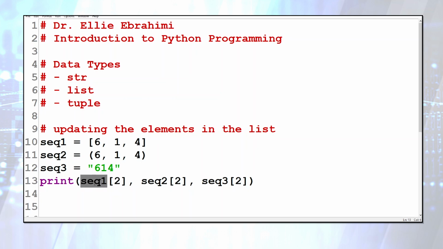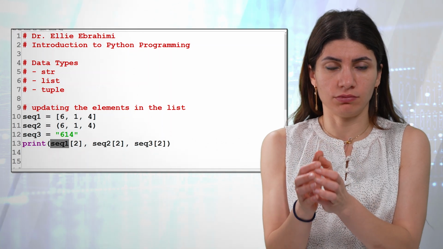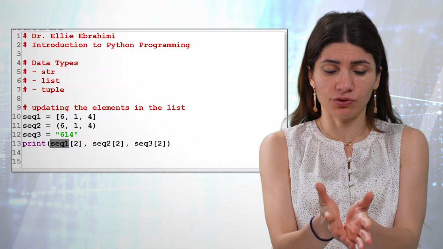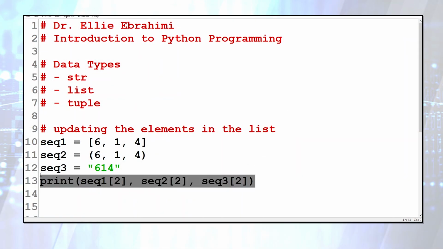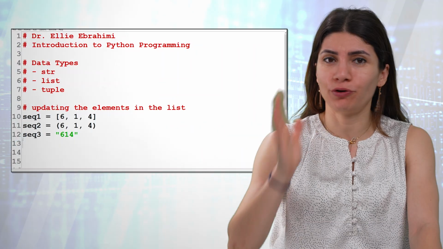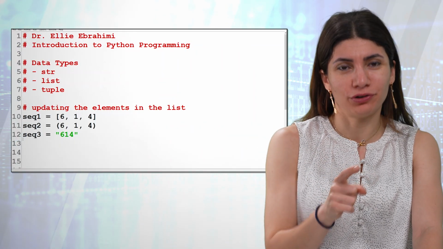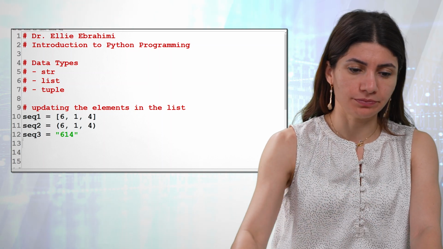To access, you basically need the name of your sequence and then its index number, the index you are trying to reach. And that gives you that value. All right, so now let's talk about how you update information inside a list. And again, you cannot update information inside other data types, like a string or a tuple.